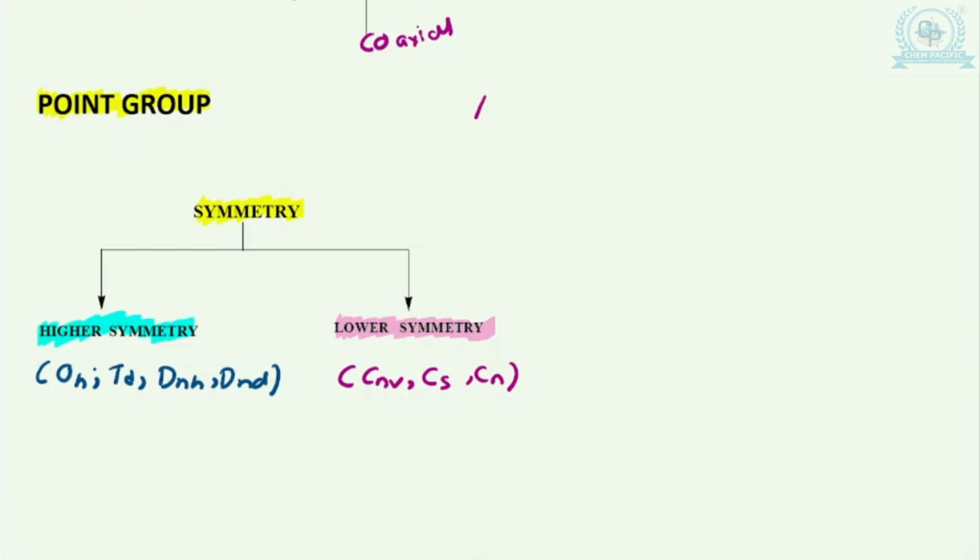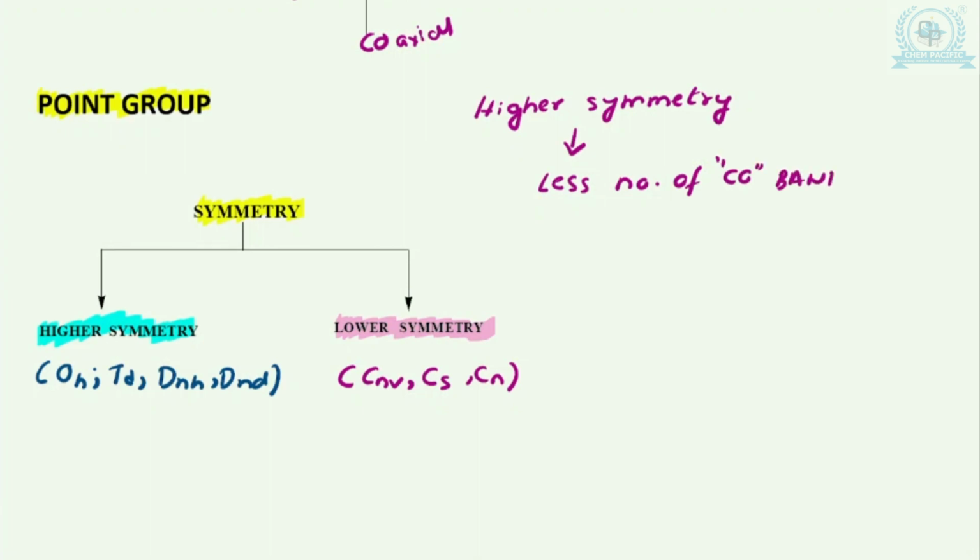Now here I would like to point out one important thing. This is very important, you must remember: if your symmetry is high, if it is a highly symmetrical complex, always remember that it will result in a lower number of CO bands. This means they are inversely proportional to one another.